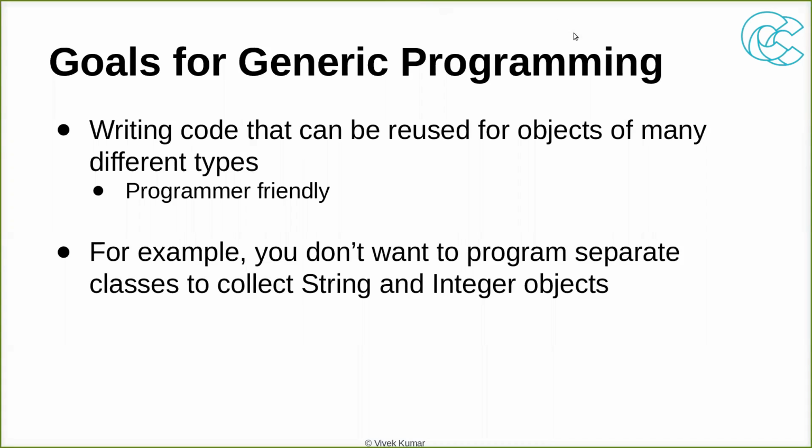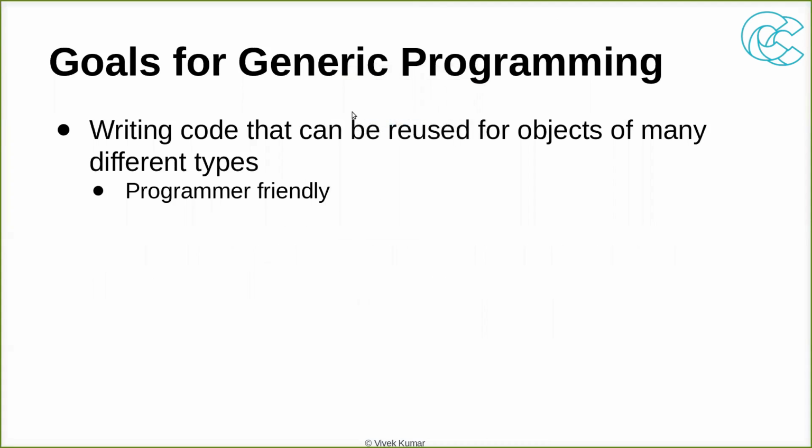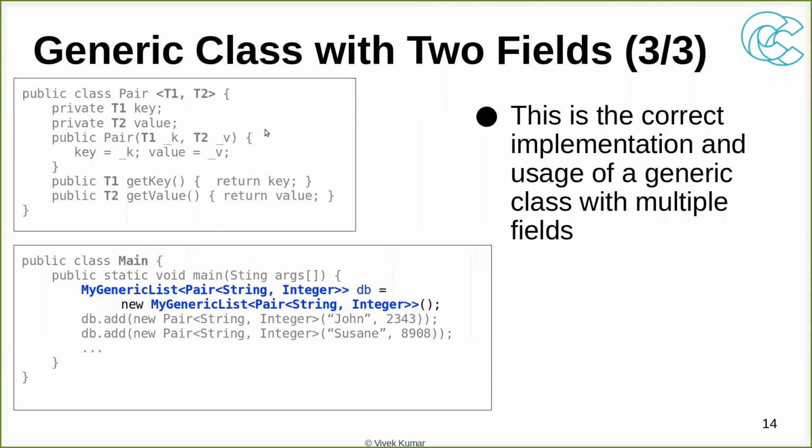I think there was also one more question on chat that I noticed just now. This is about the usage of angular brackets, angular bracket T and just T without the angular bracket. If you are using it within the class, then you don't need the angular brackets. So for example, here you don't say private angular brackets T1.